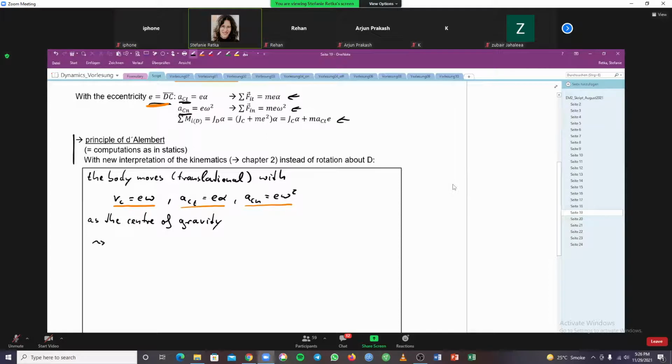Inertial forces only act in the center of gravity, nowhere else, not in edges or additional supports or whatever, only in the center of gravity.